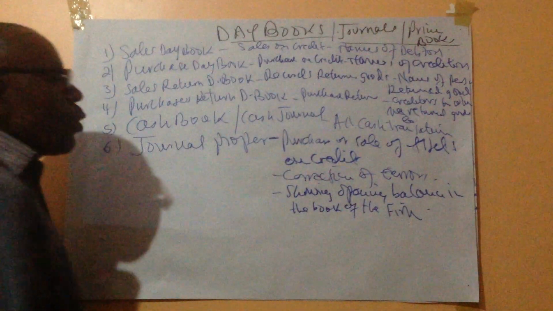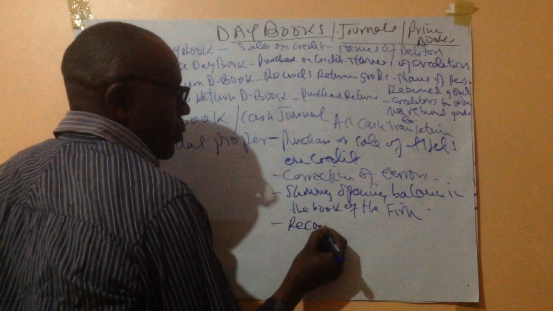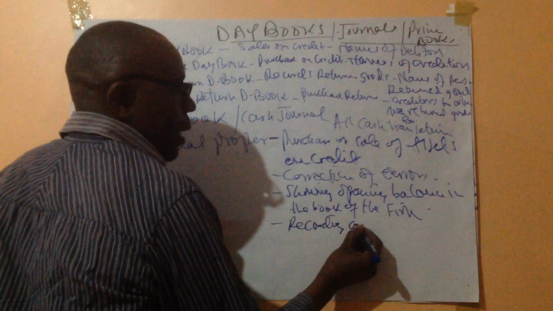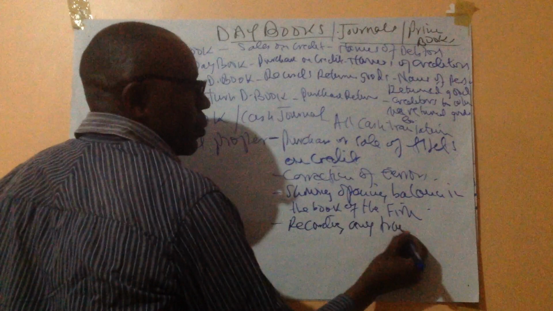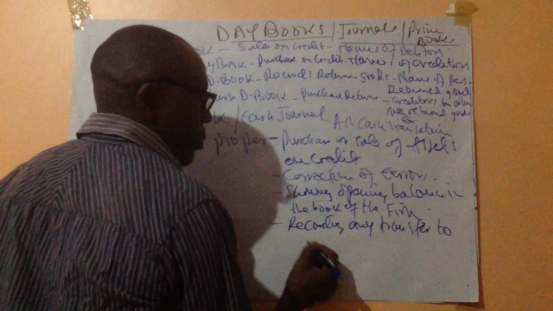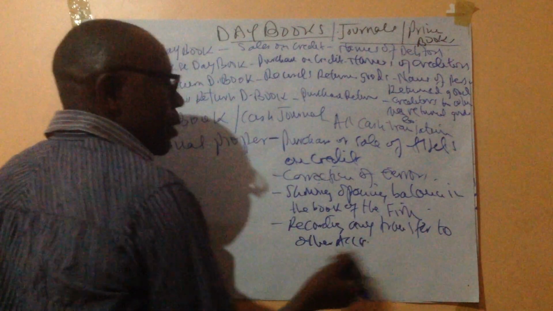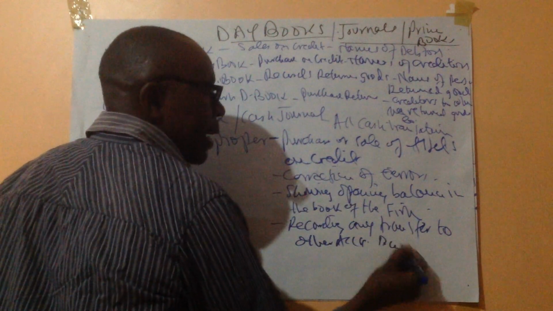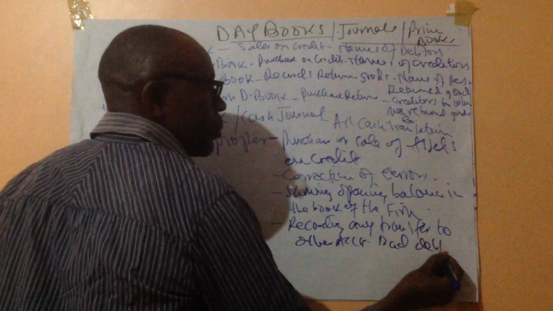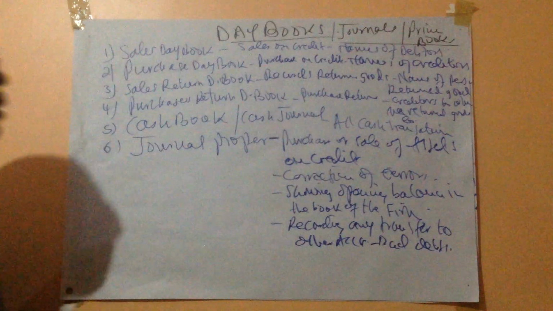And then also it's used for recording any transfer to other accounts. And this one is very common, like in bad debts. In writing off bad debts, we shall be seeing actually, we shall be using this journal proper.